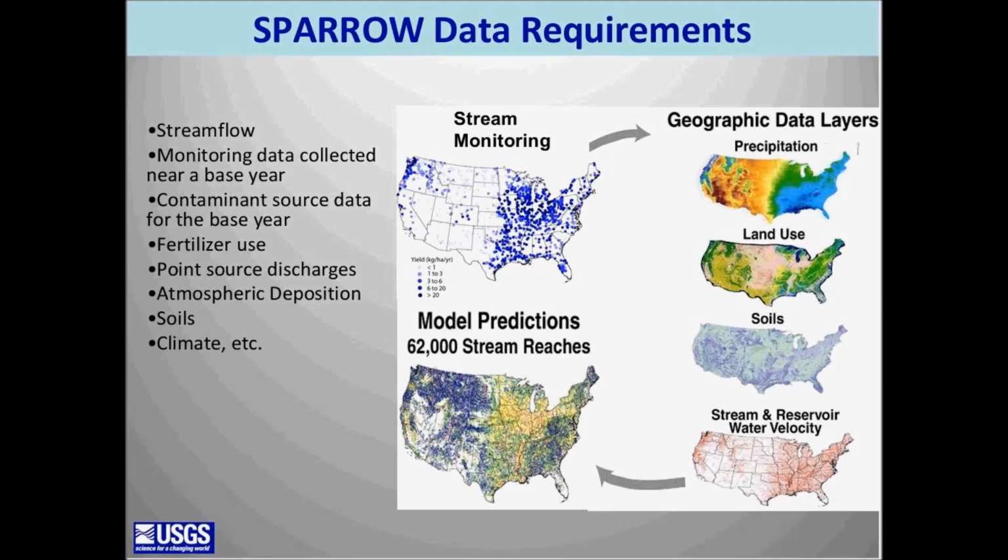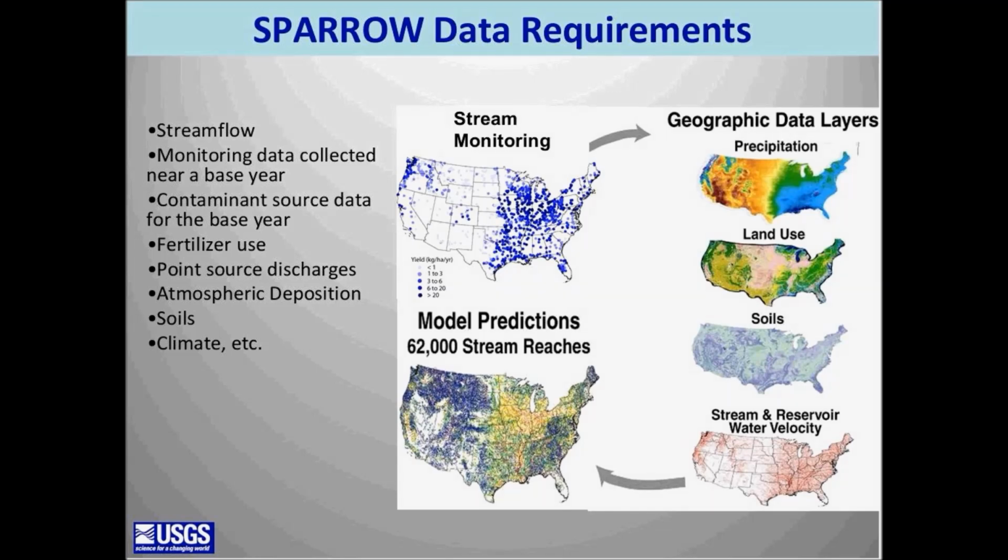This is related to the last slide. We have our stream monitoring locations, from a slide that was developed for a national model. Back when they were developing this national model, they had many sites for the eastern United States, a fair distribution of sites in the Pacific Northwest, but different parts of the country with not too much data.